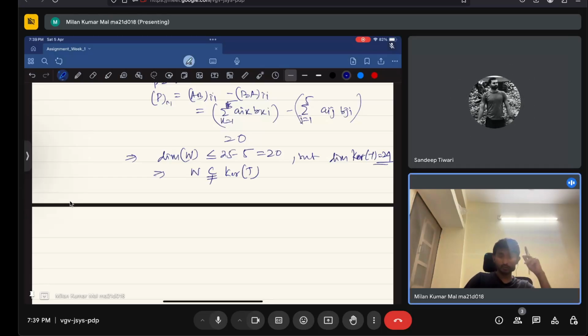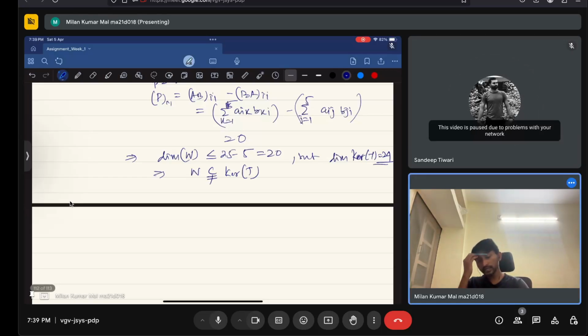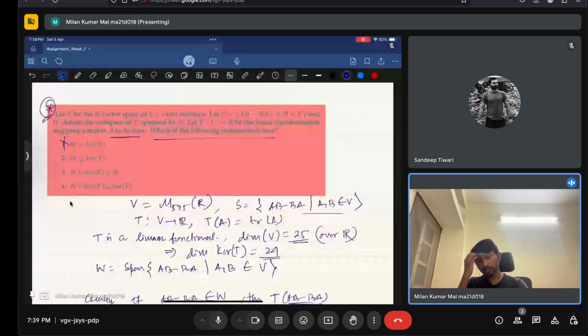So the first option is false, because W is not equal to the kernel of T. The second option is correct, as it says W intersection kernel T is exactly equal to W, because W is a subspace of kernel T. The third option says W intersection kernel T, which is W, is a proper subspace of W, which is false, right? So 1 and 3 are false, but here the question is which of the following statements is correct.